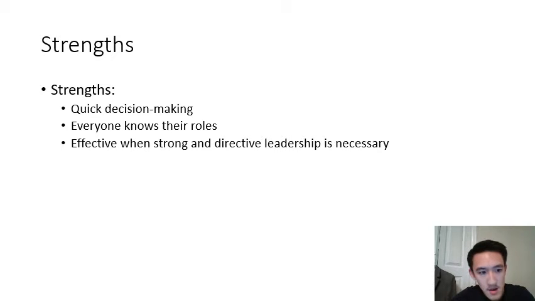So overall, I think in these situations, the style really improves overall communication, productivity, and it handles crisis situations really well as it reduces the stress on the employees, even though they're in a stressful environment. It reduces the stress of the employees because they will know their roles to execute during these tasks.